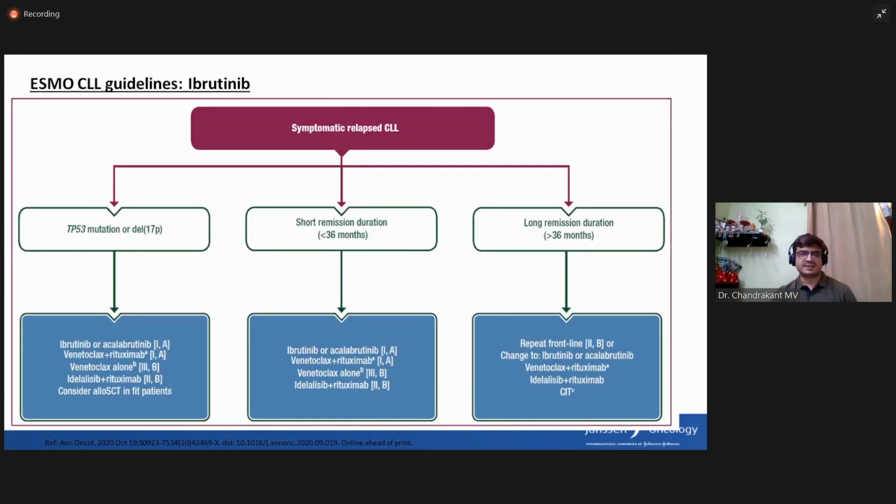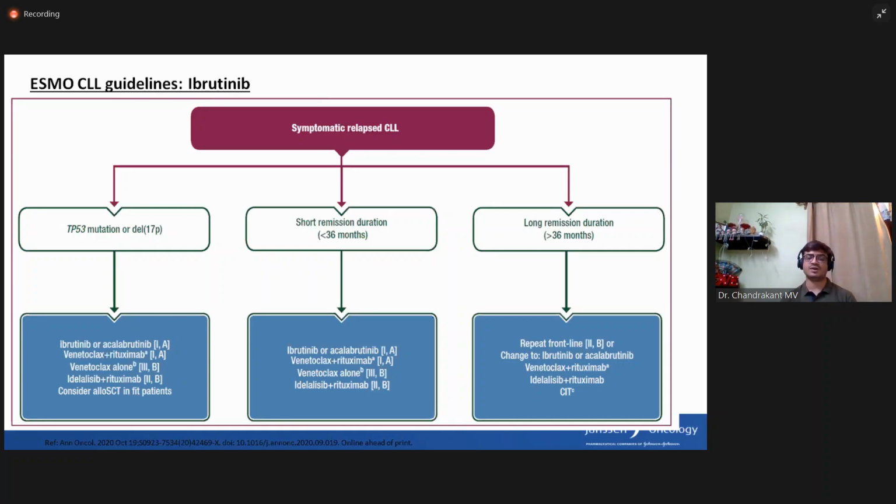For symptomatic relapsed CLL, whether TP53 deletion is there or not, we must be testing P53 at each progression. The moment it is high risk, then ibrutinib or acalabrutinib comes, venetoclax, rituximab, venetoclax alone, idelalisib plus rituximab, or allotransplant if the patient is fit. If the remission duration is short, again the same BTK and venetoclax BCL2 inhibitors come in place.